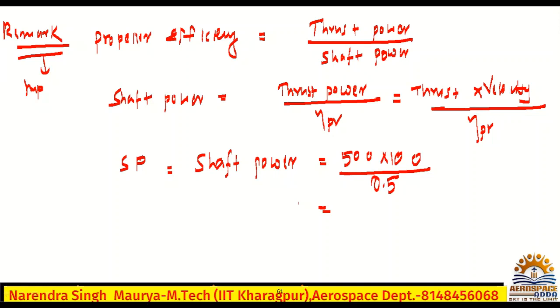Wait. 500 into 100 divided by 0.5. It is nothing but 100 kilowatt.